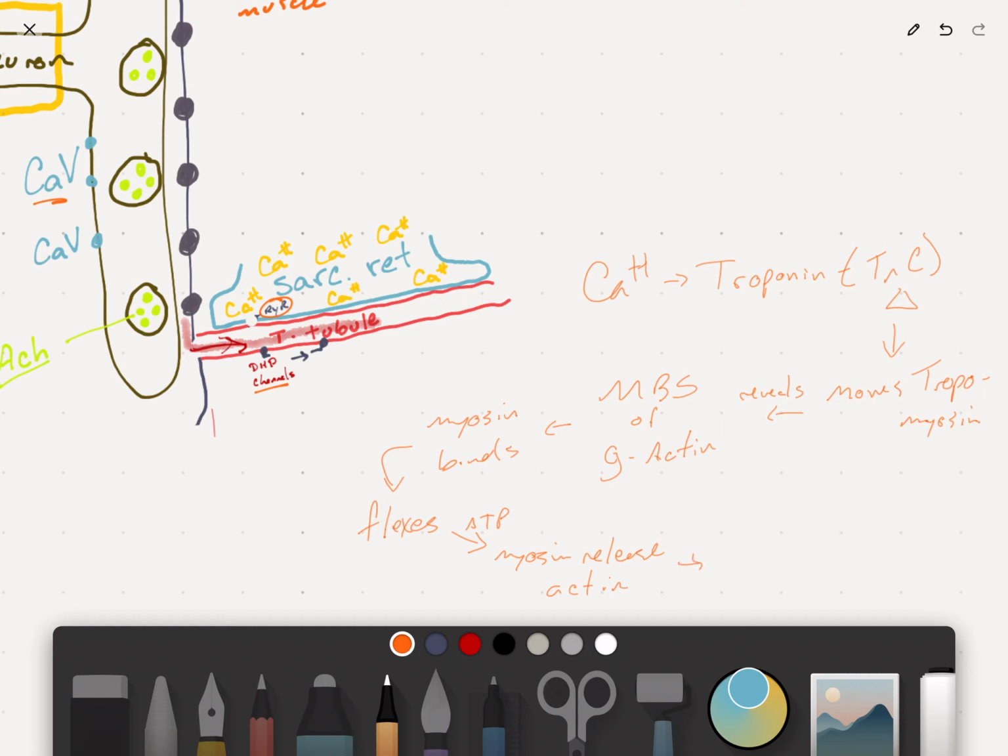And then the myosin is stuck with ADP and an inorganic phosphate. Now, when myosin binds to actin again, right here, the ADP and the inorganic phosphate leave. So that's all of skeletal muscle physiology. Really, really simple, really easy.